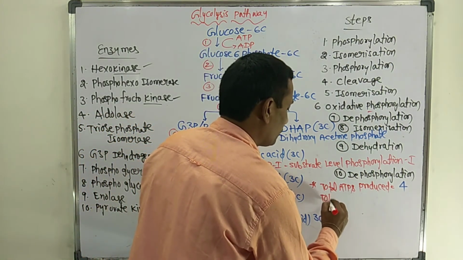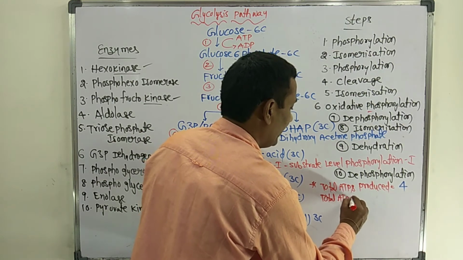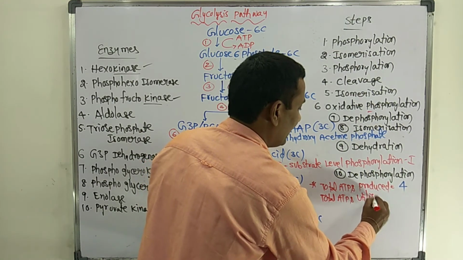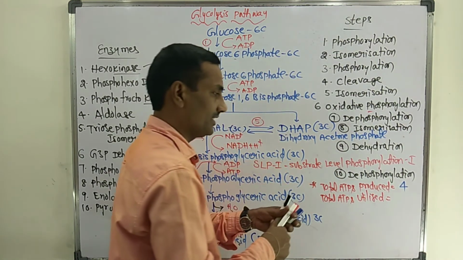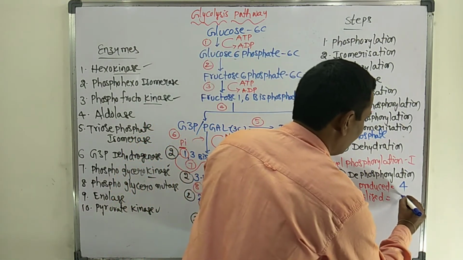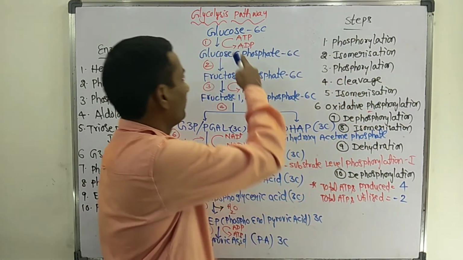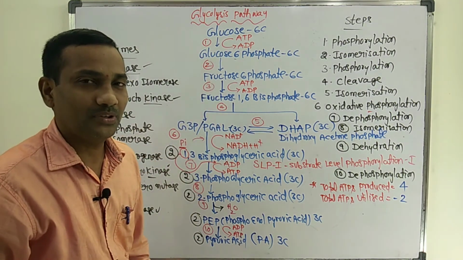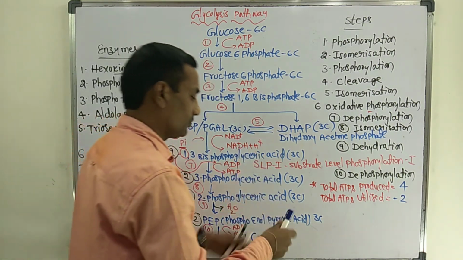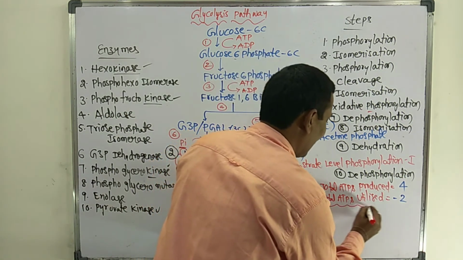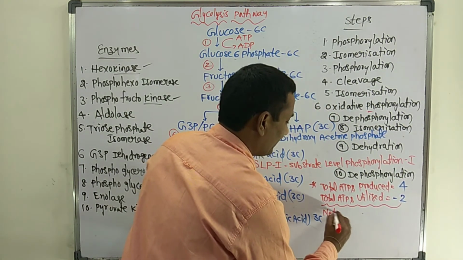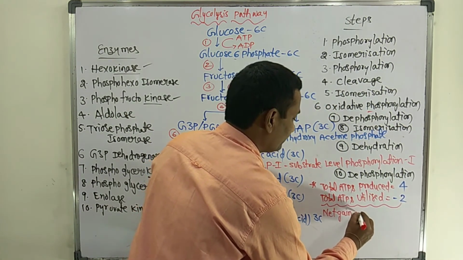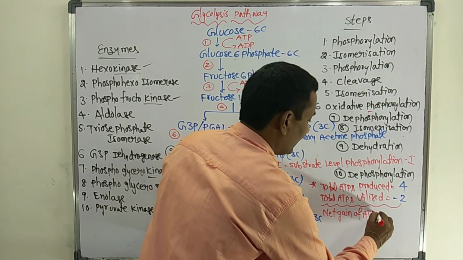Next, total ATPs utilized in the glycolysis process. How many ATPs are utilized? 2, because at the first step and third step, 2 ATPs are utilized. So finally I want to give clarity: net gain of ATPs in glycolysis.